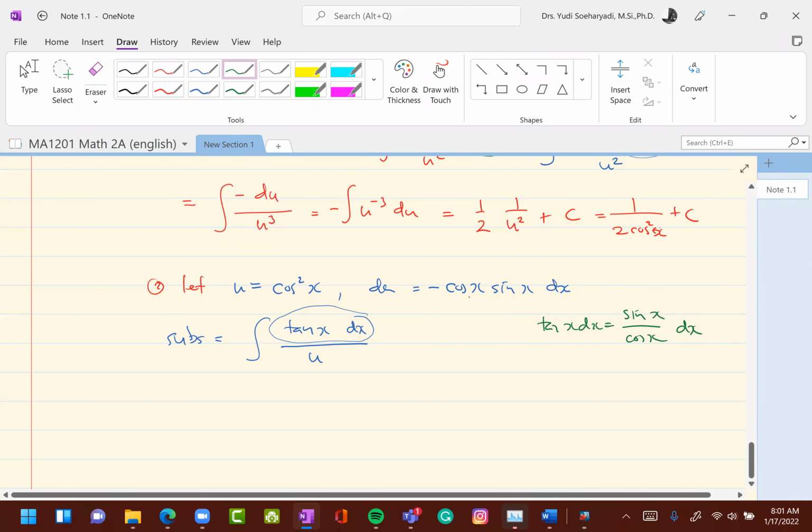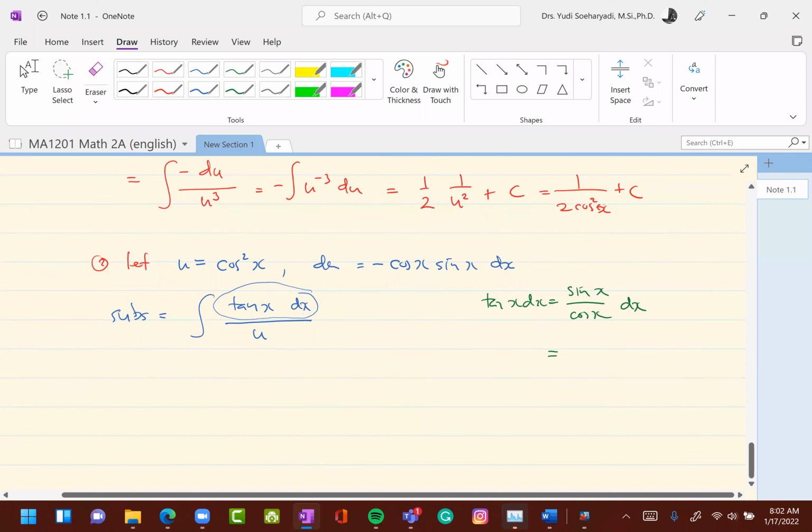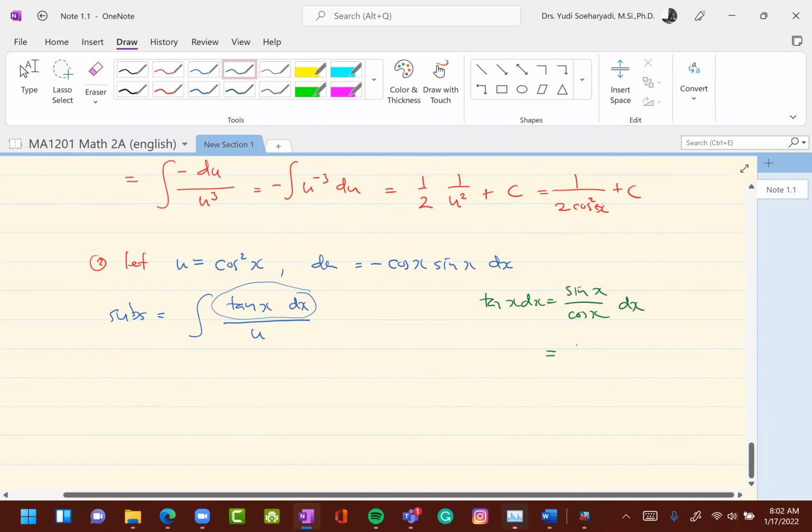Then you would like to see this as sine x cosine x, and you've got to multiply by cosine square x.